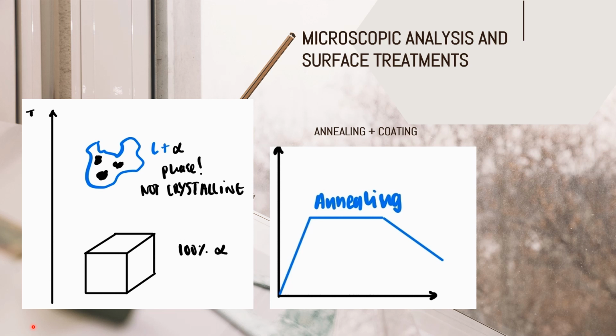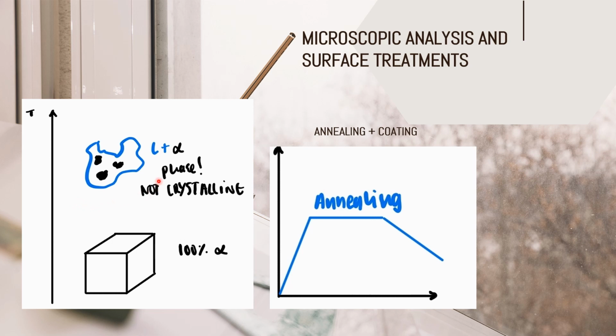Okay, so now we will go to the microscopic analysis and the surface treatment. So if you remember, at room temperature, we started with a solid with 100% alpha phase, and then as we increased temperature, we moved into a division of phases.